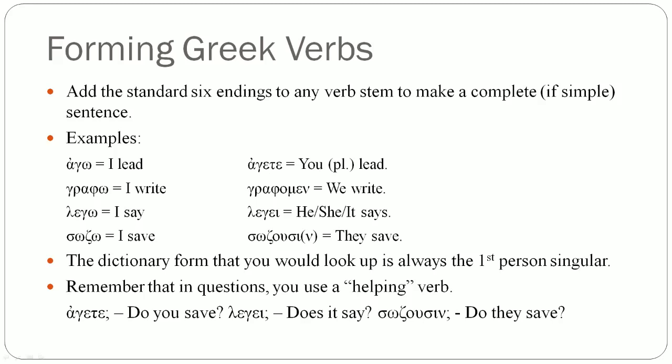Sozusin, they save. That's an omicron, upsilon, sigma, iota, movable nu. They save. Again, the dictionary form that you would look up and that you build all of these forms off of is that first person singular form.